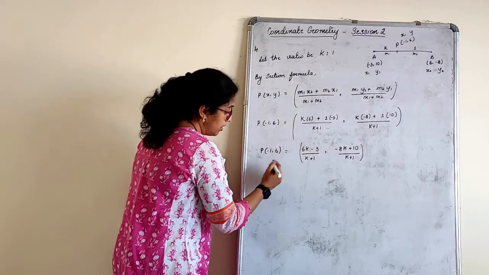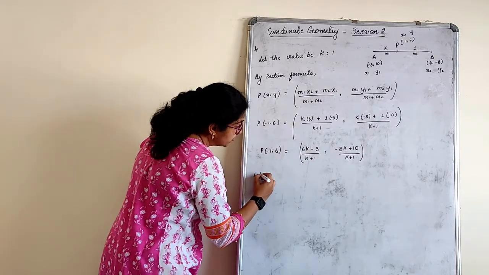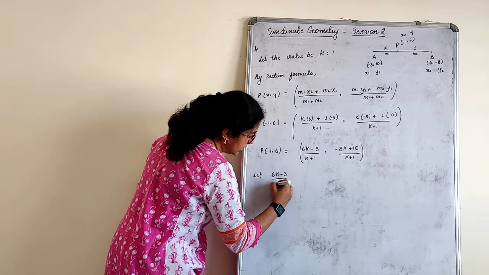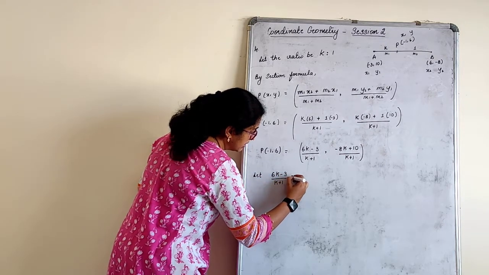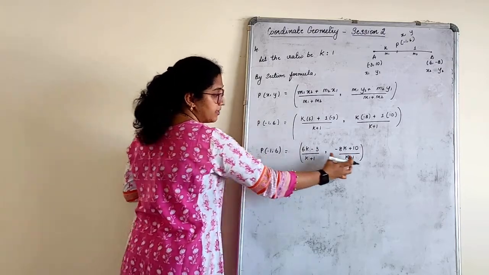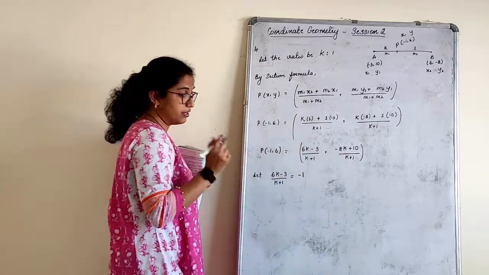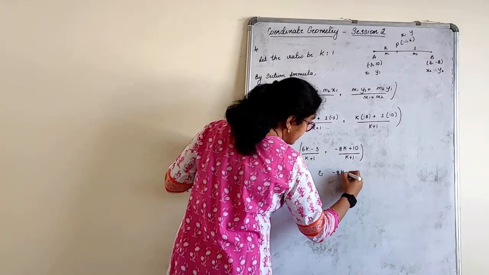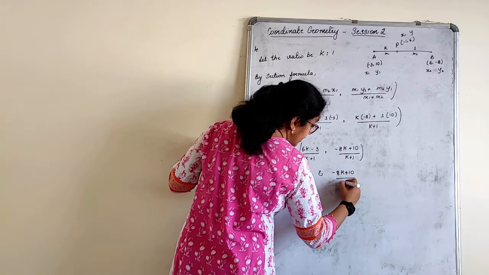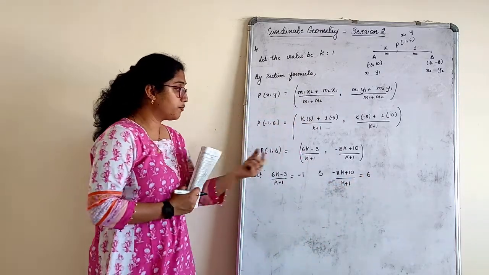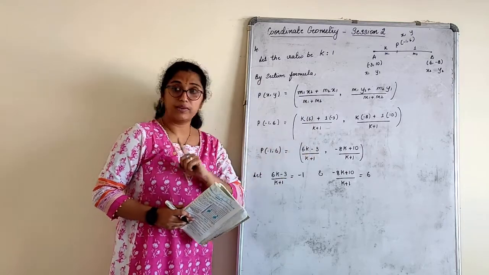Now first coordinate, 6k minus 3 divided by k plus 1, is equal to minus 1. I am comparing x coordinate to x, y coordinate to y. And minus 8k plus 10 divided by k plus 1 is equal to 6. Exactly, you have to compare x to x and y to y only here.